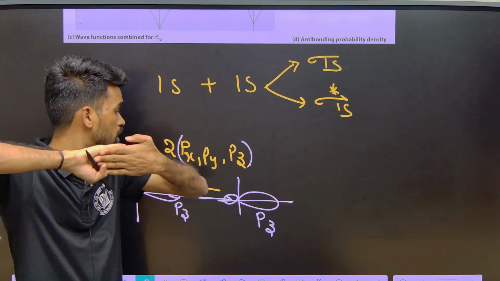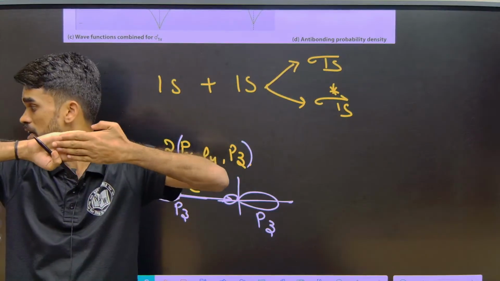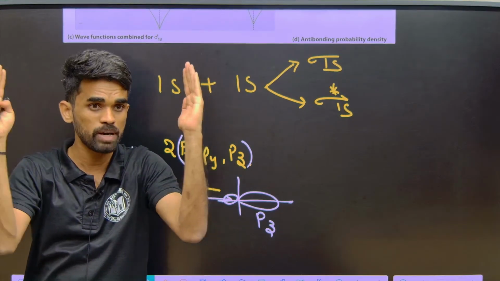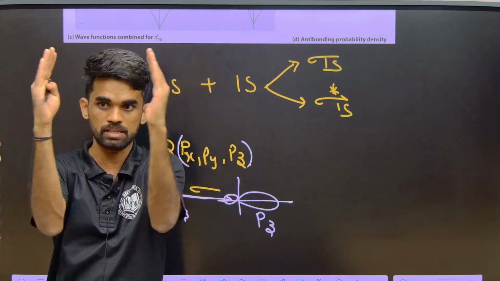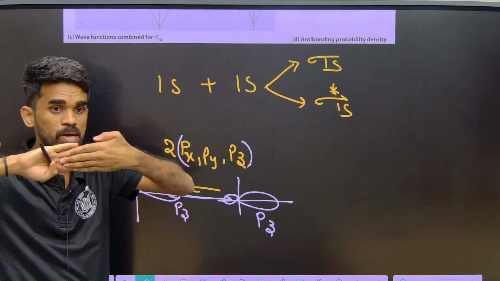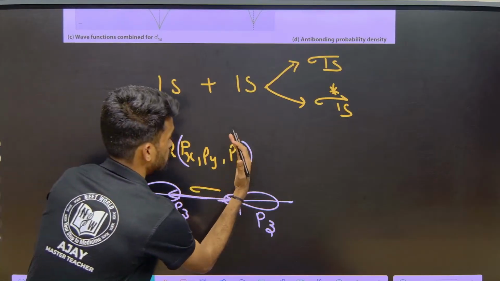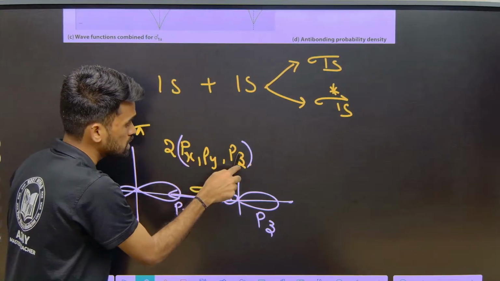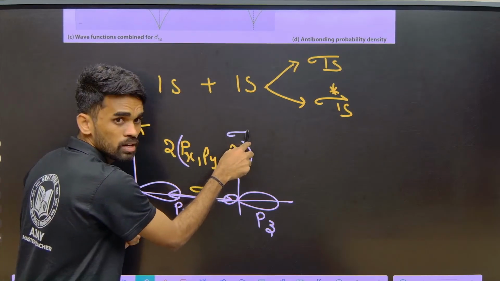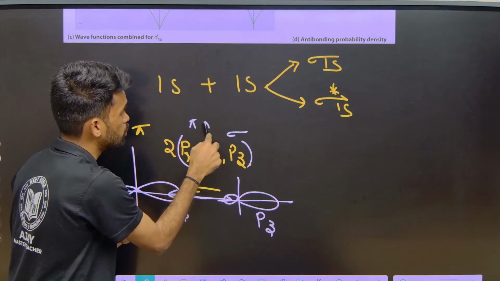If the z orbitals are along the axis, the remaining should be perpendicular to it. It means those orbitals will have sidewise overlapping like this. Okay. So head-on overlap gives a sigma bond and sidewise overlap gives a pi bond. So out of these 3, one will form sigma, the remaining 2 will form pi's.